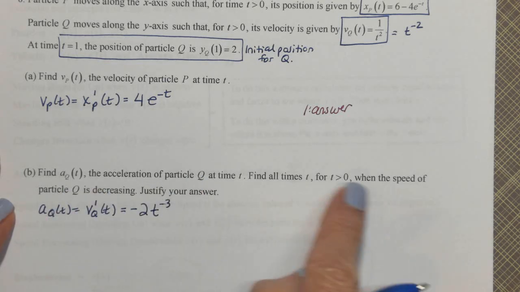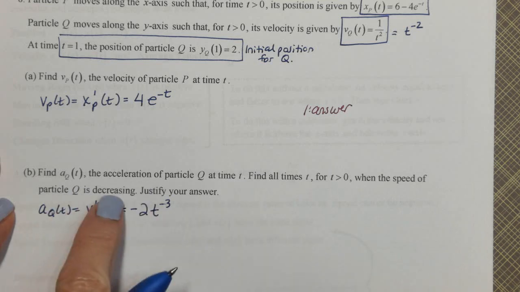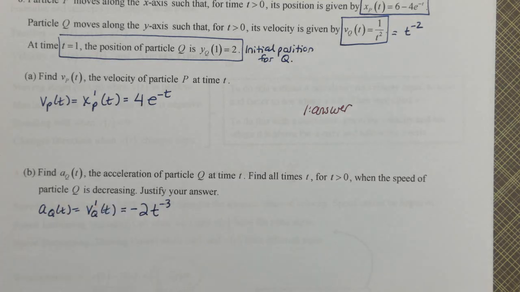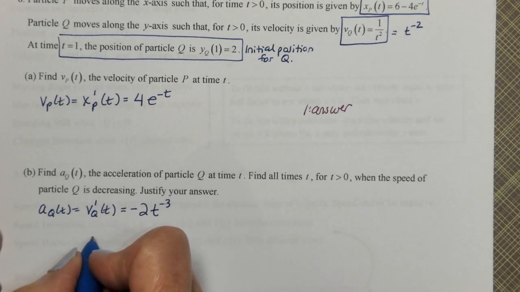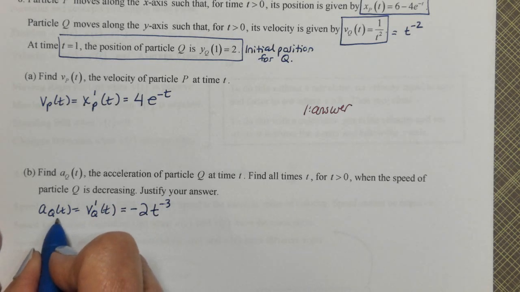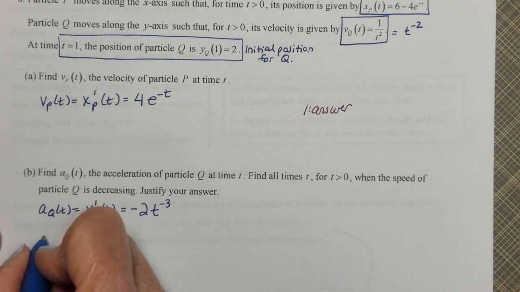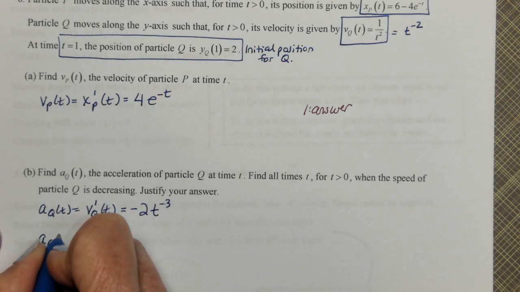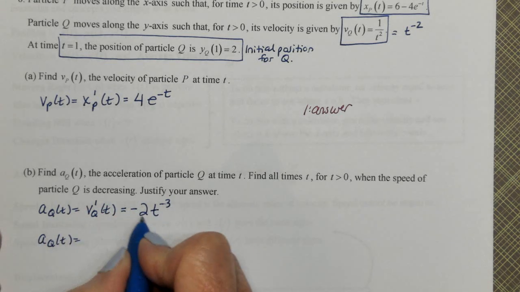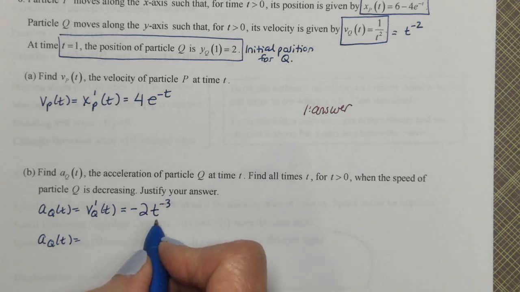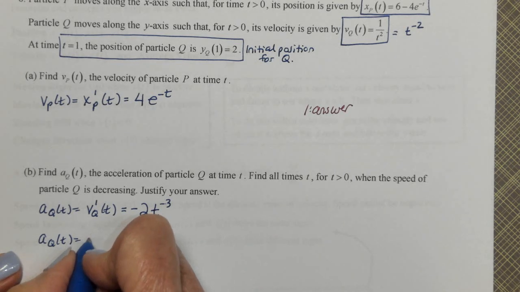Find all times when the speed of q is decreasing. Well, speed is decreasing when acceleration and velocity have different signs. So I need to examine what is the sign of acceleration. So acceleration is, I'm going to write this in a form that I can get some information out of it.